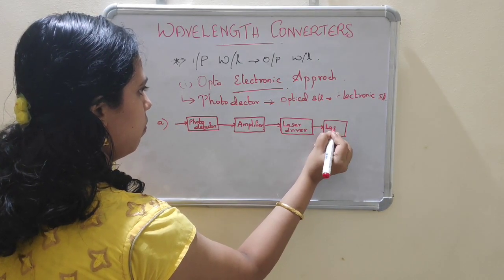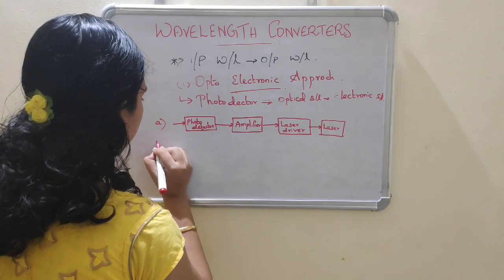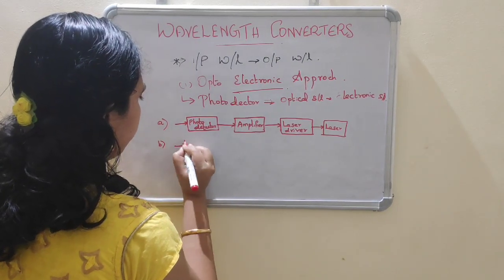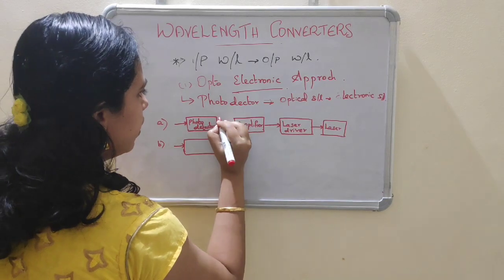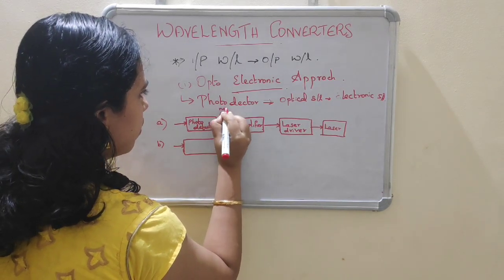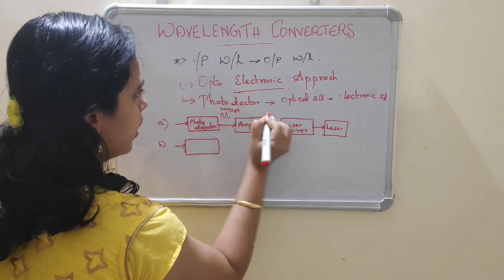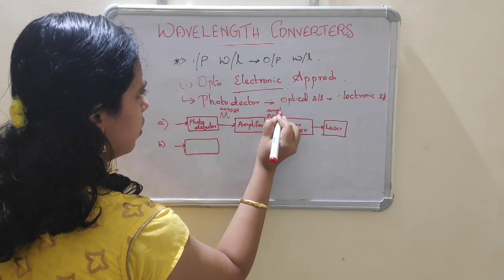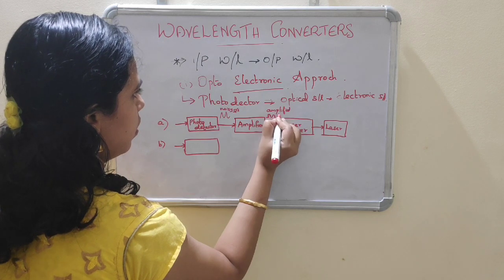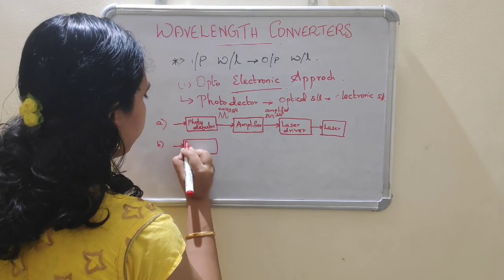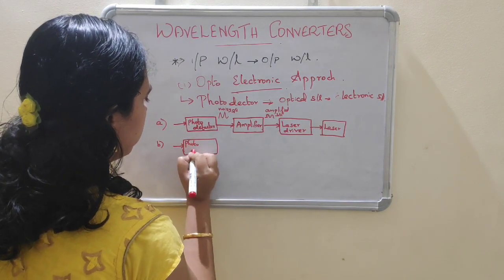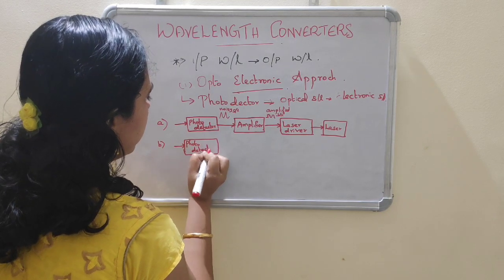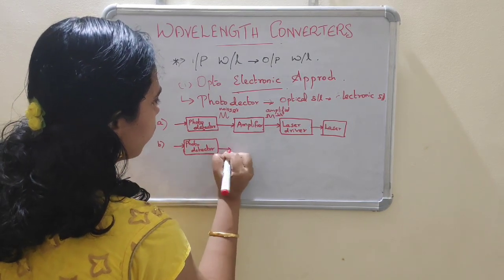This is the first type. Second type: photodetector, and here this is a noisy signal, and here an amplified signal. The second type is with reshaping and without retiming.